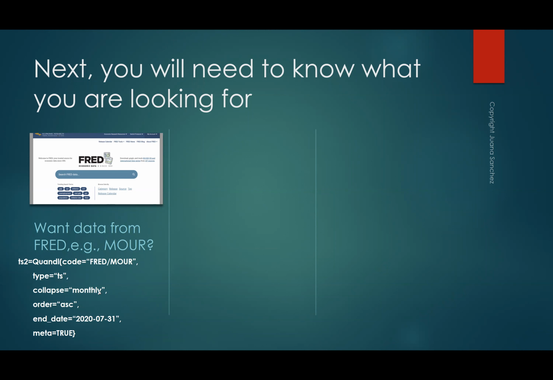And it's monthly. So I also determine what kind of aggregation I want. I want monthly. Then I want the order of the time index in ascending order. That means I want the oldest date first and the last date last. And then I establish when the time series stops.